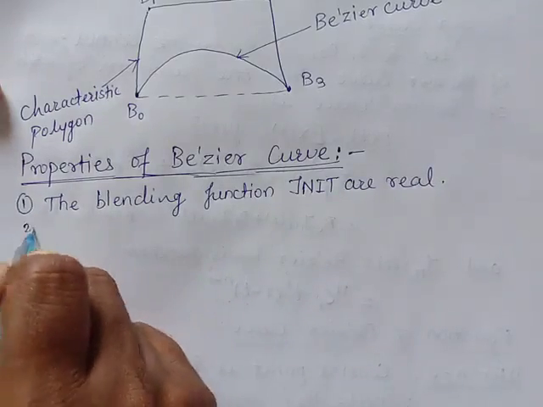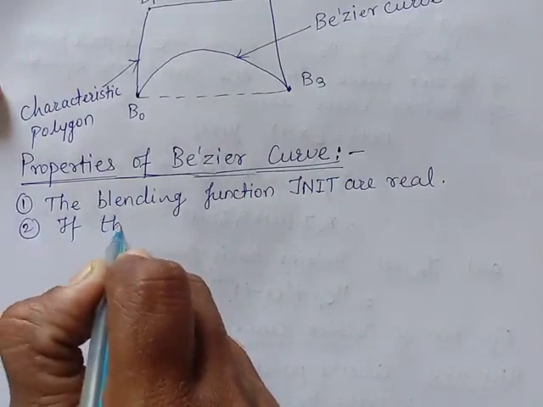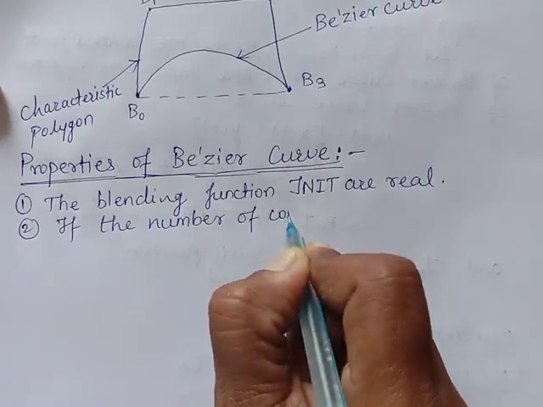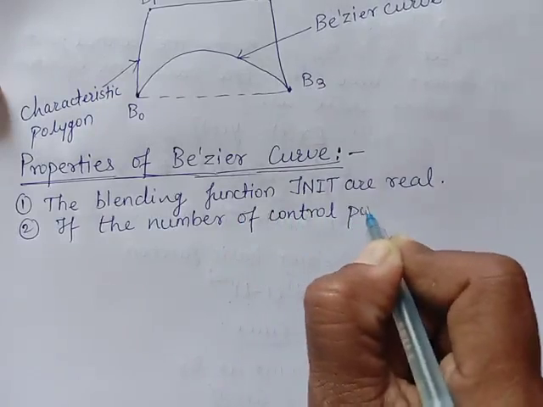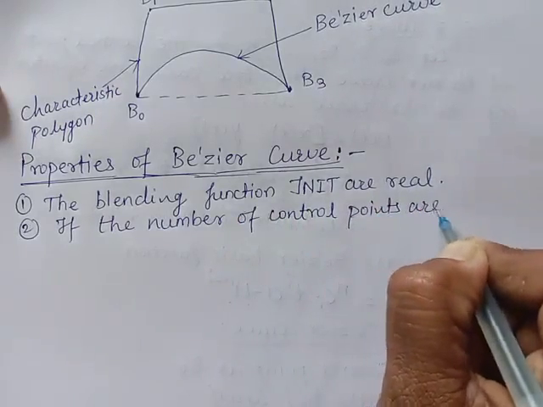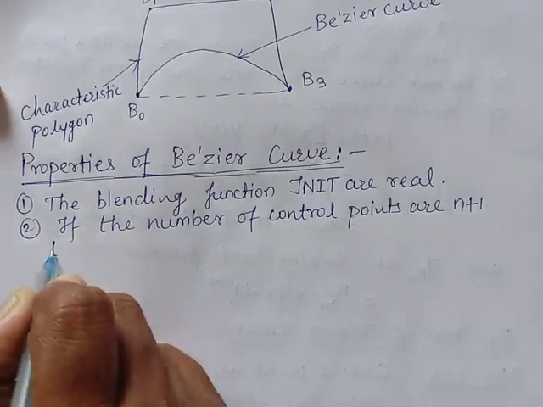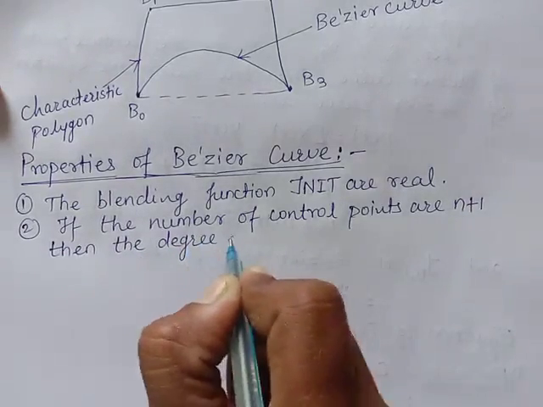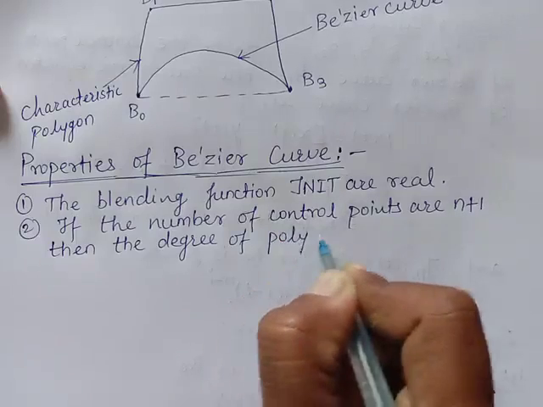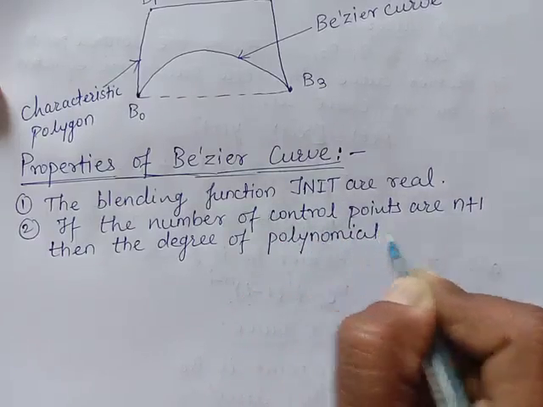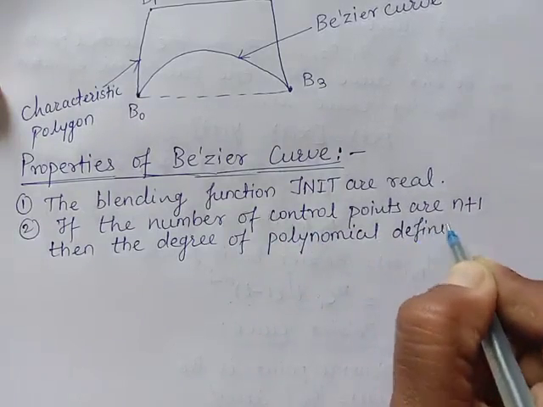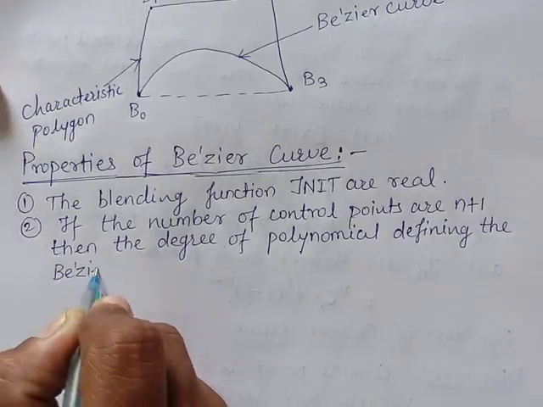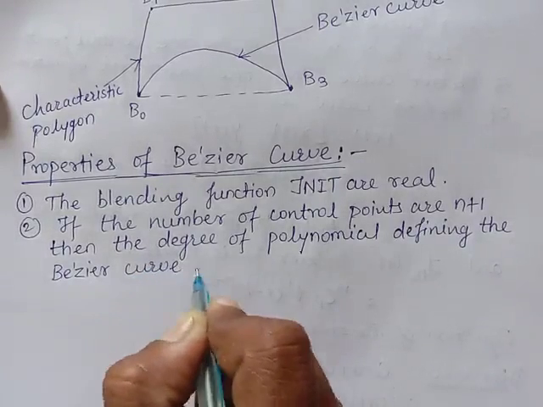Second property says that if the number of control points are n plus 1, then the degree of polynomial defining the Bezier curve is n.